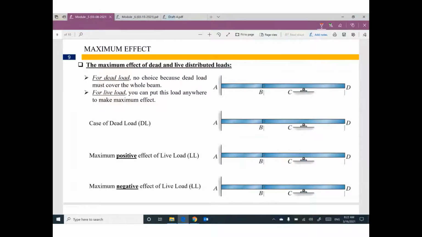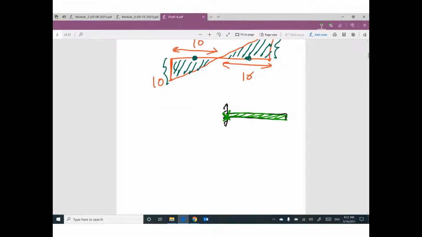Assume we are talking about the influence line of YA. It's the same problem. YA looks like this. Negative, positive. So we have dead load and we have live load, and we need to figure out the maximum effect.